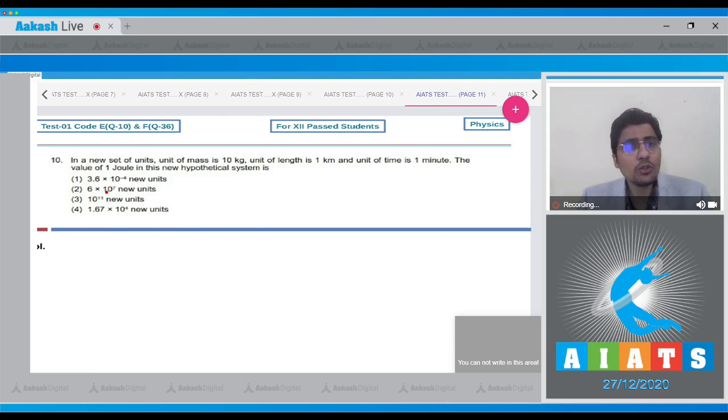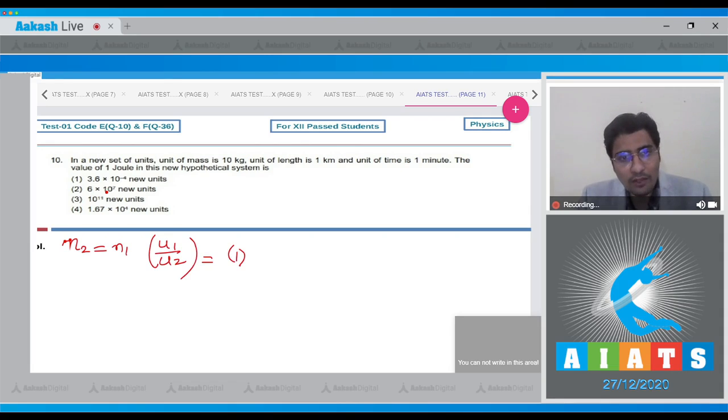In question 10, in a new set of units, the unit of mass is 10 kg, the unit of length is 1 kilometer, and the unit of time is given as 1 minute. We have to find out the value of 1 joule in this new hypothetical system. Now let us proceed. As we have seen in the previous question, we can write down that n2 will be equal to n1 into u1 by u2, where the variables have the usual meaning.